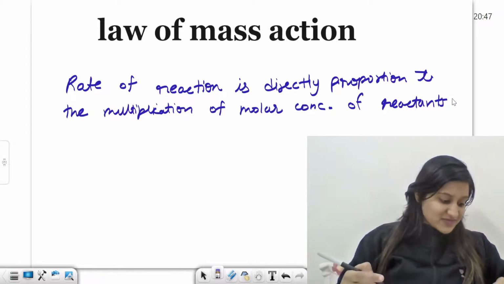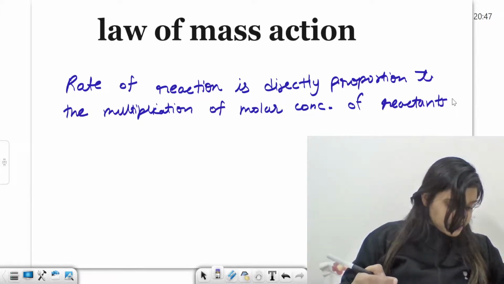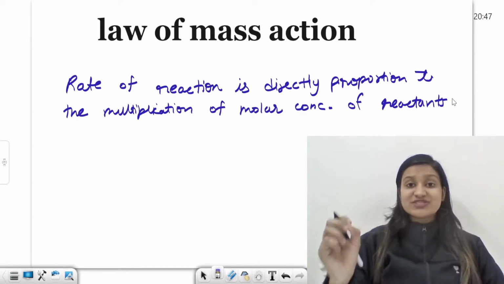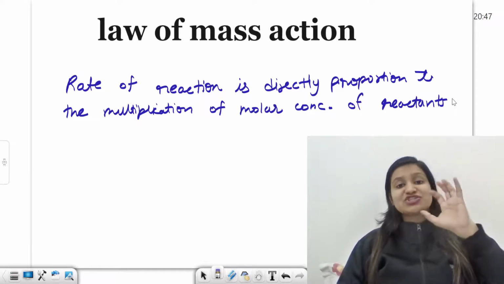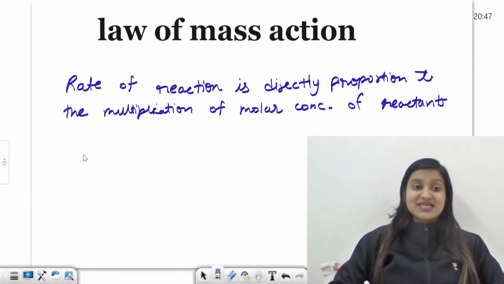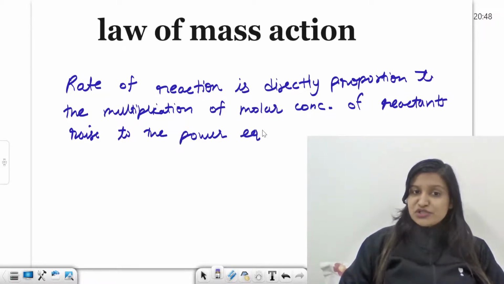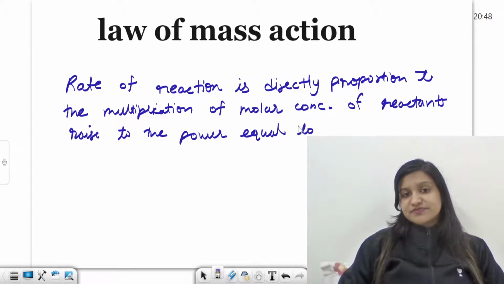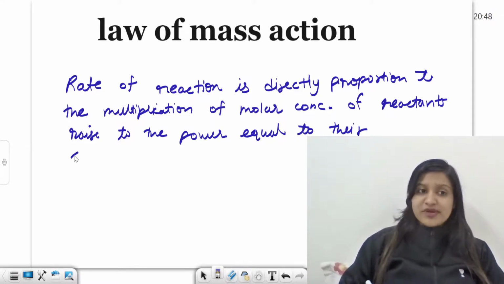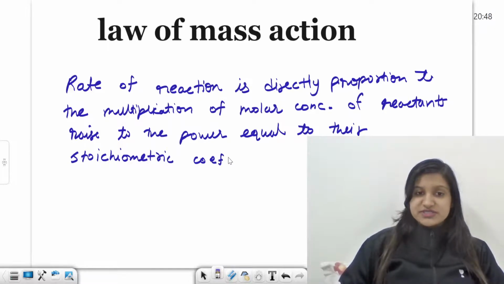Now, again, we have something as well. The rate of reaction is directly proportional to the multiplication of molar concentration of reactants raised to the power equal to their stoichiometric coefficients.